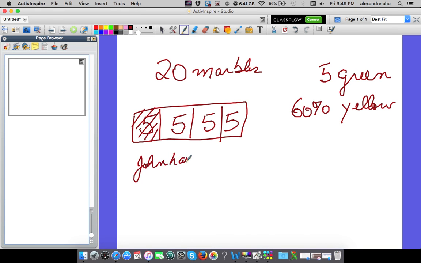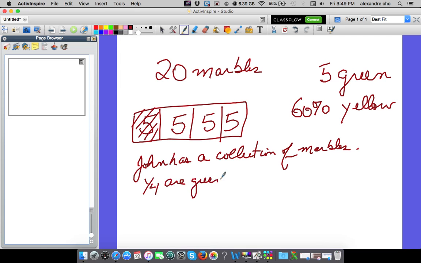John has a collection of marbles. 1/4 are green. Okay, so let's leave that correct. 60% are yellow.